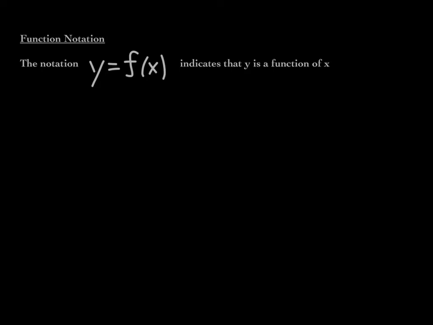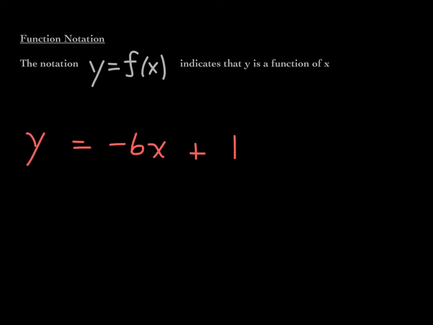Instead of writing y, you can write f of x. And there are lots of reasons why function notation, like this on the right side, is better, more efficient than just writing y. But you can only replace y with f of x whenever y is a function of x, okay? So when you have an equation, you can replace y with f of x if it's a function.